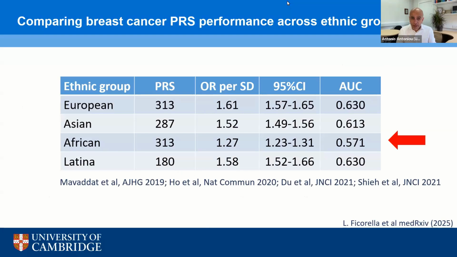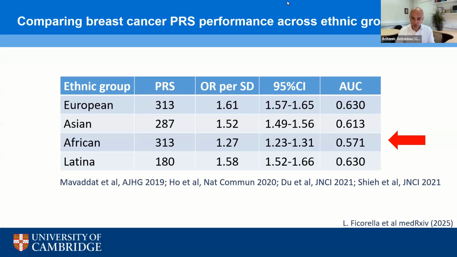The component where we know that there are clear differences in prediction by ethnicity is the polygenic scores. The default polygenic score that we include in the model, the 313-SNP PRS, was developed and validated using data on European ancestry, which you can see on the top row here.